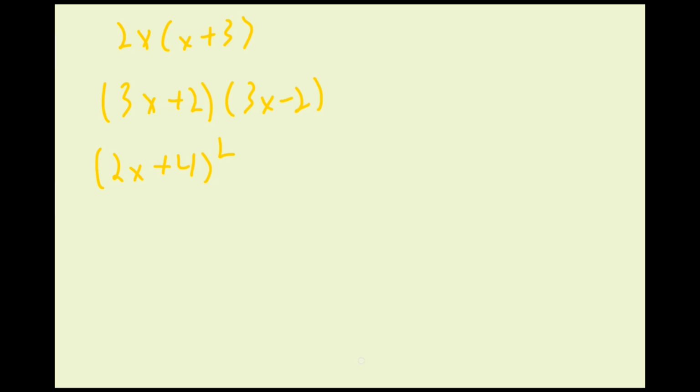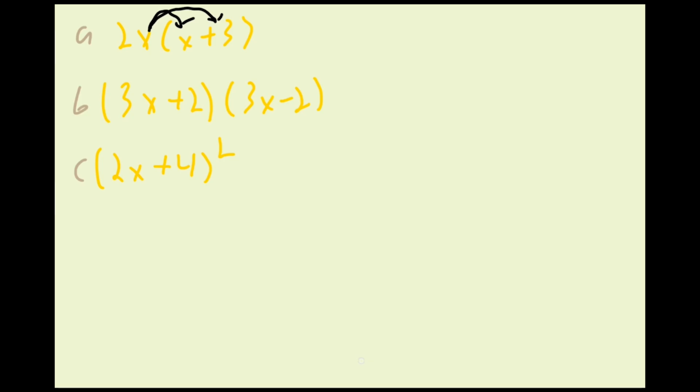Alright, so starting off with some practice problems here. We could number them. Why not, right? Here's A, B, and C. So starting off with A, should be pretty simple. You take that 2x and you distribute it right here and right here.